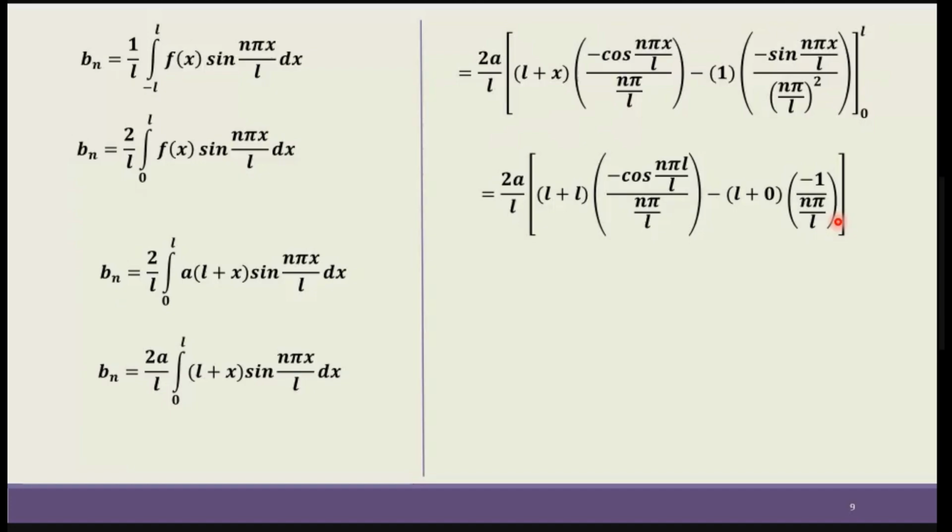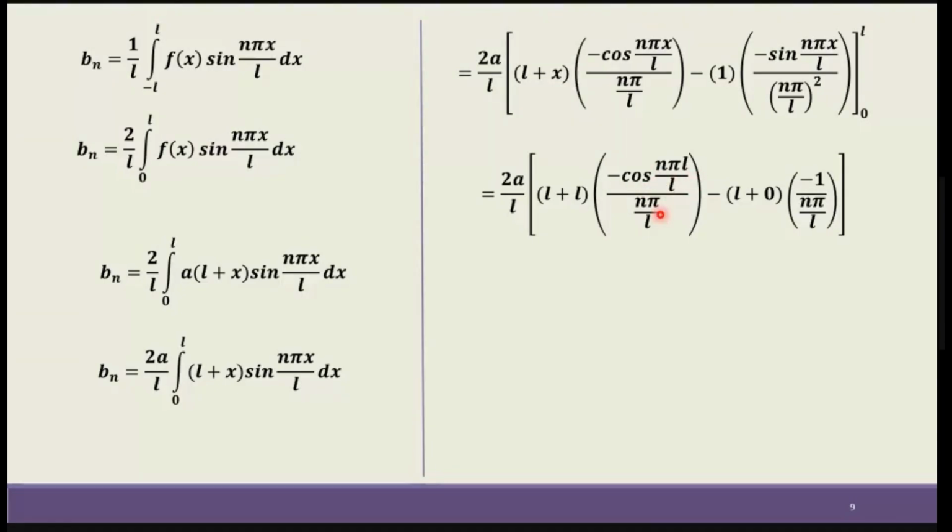Simplify and see what is the answer we get. What is the answer we get? Trying to simplify. तो यहाँ पे L और L कैंसिल हो जाएगा तो cos n pi बचेगा.